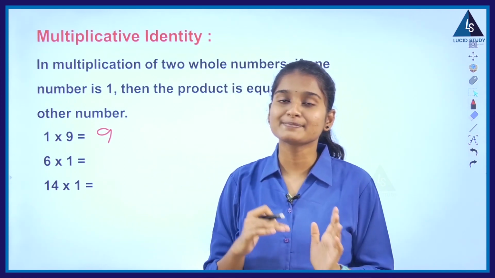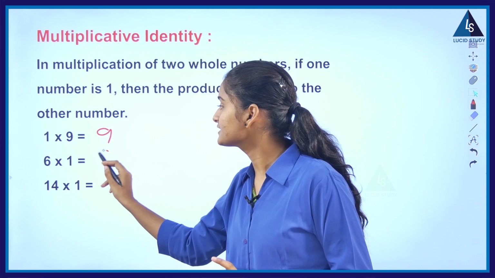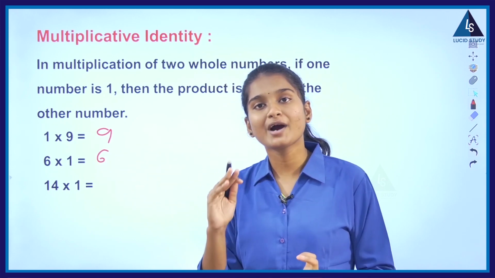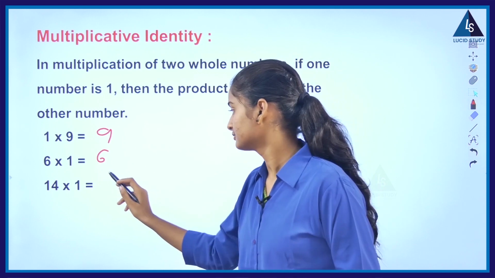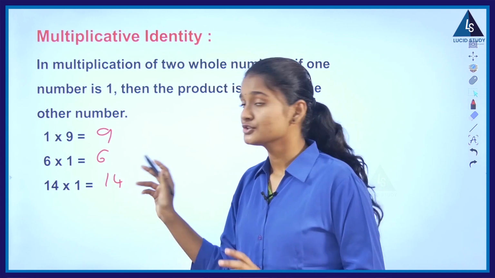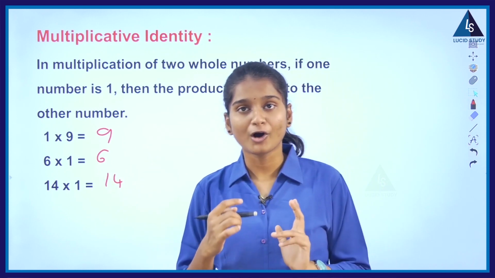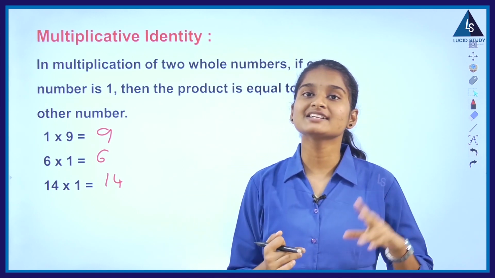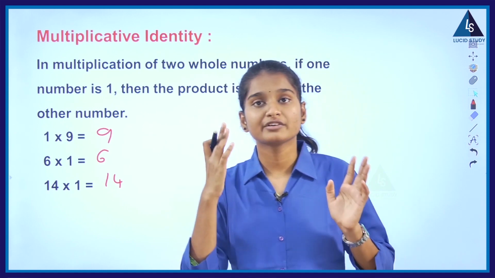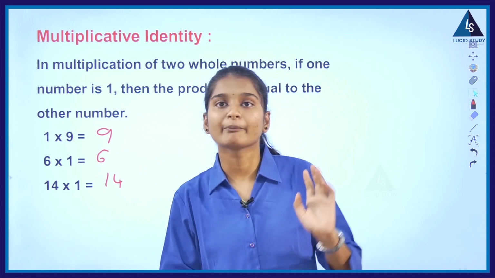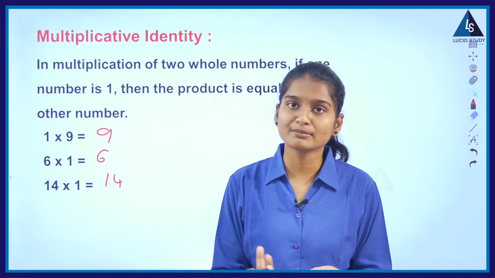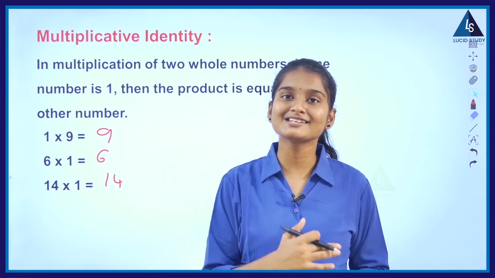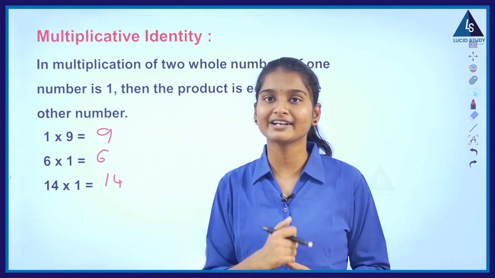So when 6 is multiplied by 1, the product is 6. 14 into 1. 14 into 1 is 14. So 1 is called a multiplicative identity. If any number is multiplied by 1 or if 1 multiplies any number, the product is the same number. The value does not differ. So that is why 1 is called a multiplicative identity.